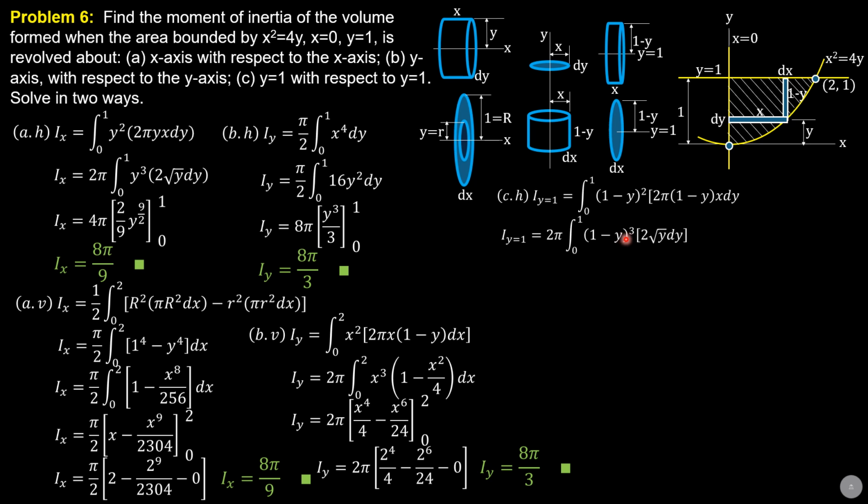Third term is 3 times 1 times the square of negative y, so that's 3y squared times square root of y, so 3y to the 5 halves. Then the last term is negative y cubed times square root of y, that's negative y to the 7 halves. So 4 pi integral 0 to 1 of quantity y to the 1 half minus 3y to the 3 halves plus 3y to the 5 halves minus y to the 7 halves dy.